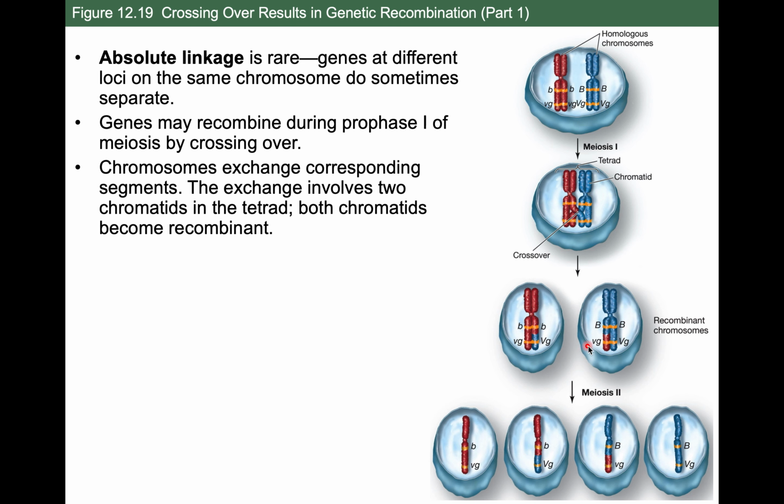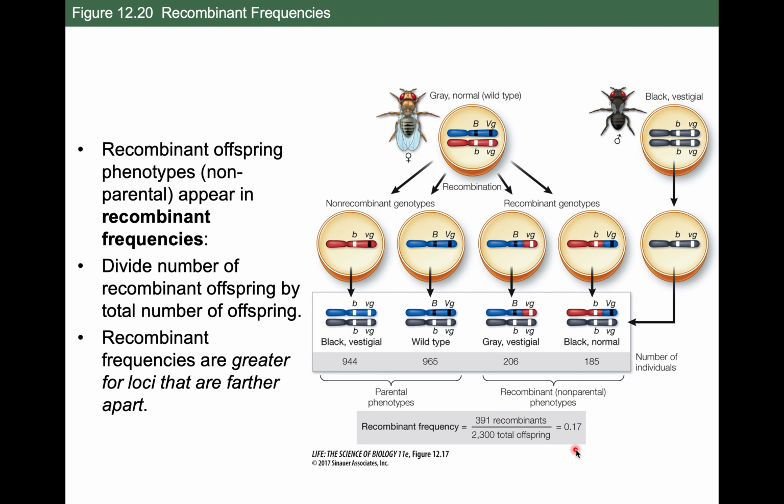So we end up with these little recombinant chromatids, where we do occasionally separate the two recessives and the two dominants from each other and get these heterozygous sperm or eggs being formed. They called that recombination, that crossing over between the two genes.